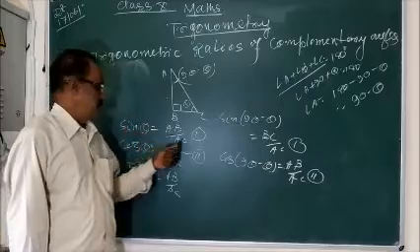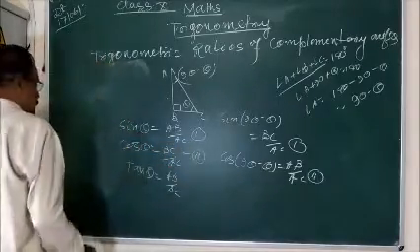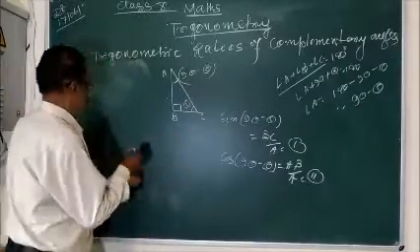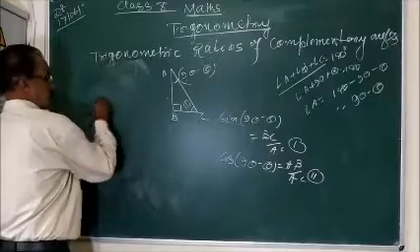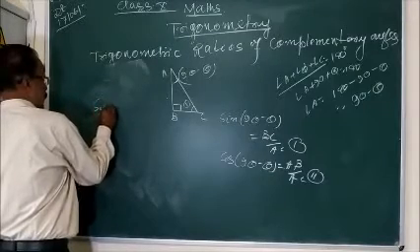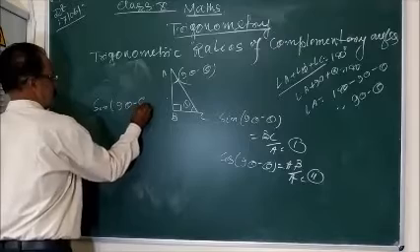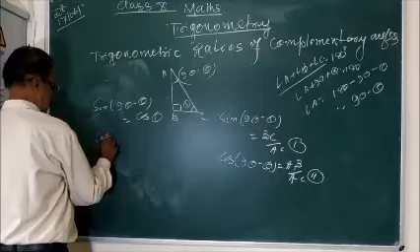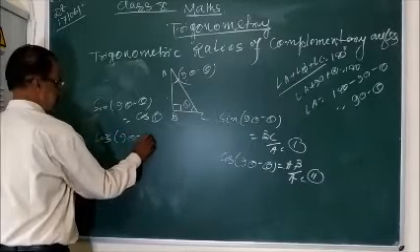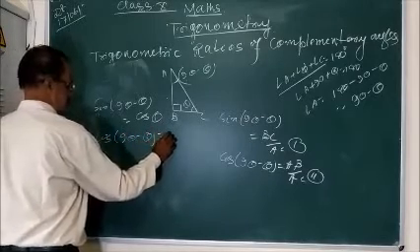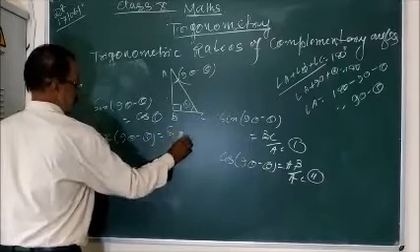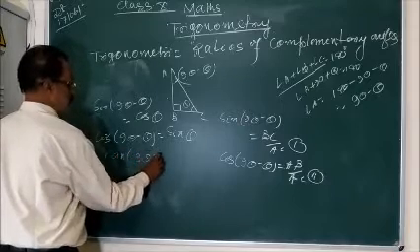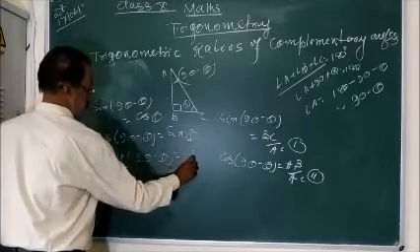Now this means, this is formula number 1. So these 6 are important theorems, important formulas. Sin 90 minus theta is equal to cos theta. Cos 90 minus theta is equal to sin theta. Tan 90 minus theta is cot theta.